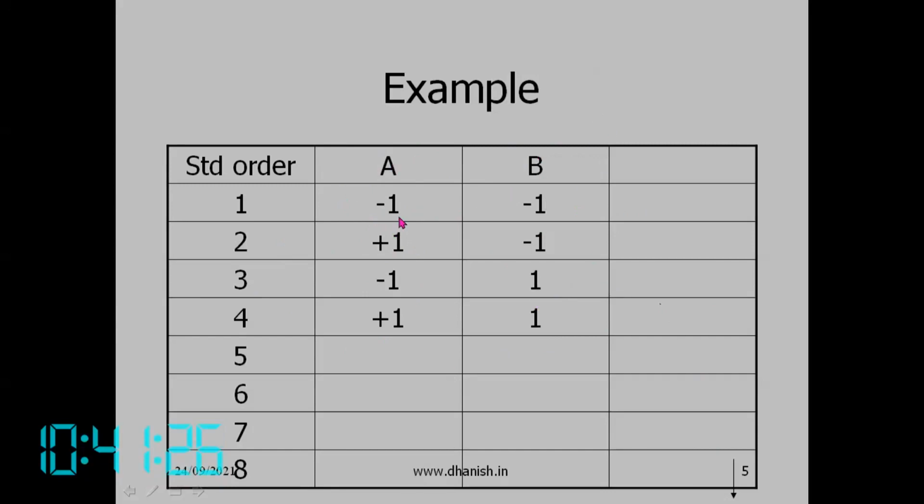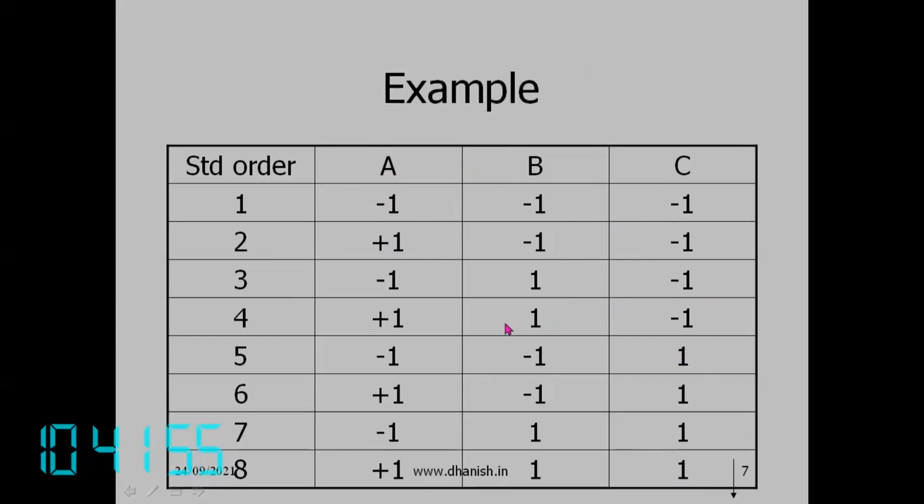If there are 3 levels, say -1, 0, 1, you have to use -1, 0, 1, -1, 0, 1, etc. It will get repeated. If there is a third variable C, then all this at C equal to -1 is the first set, and then you repeat this with C equal to +1.